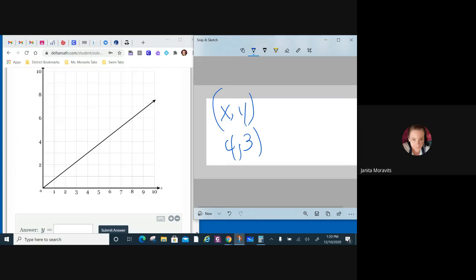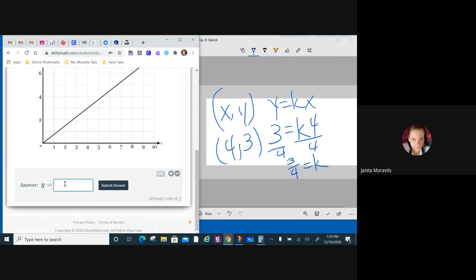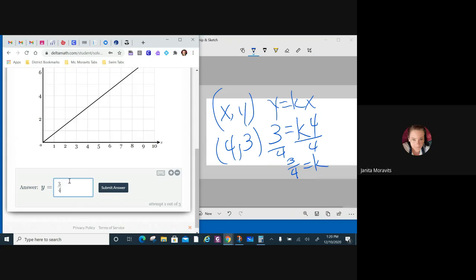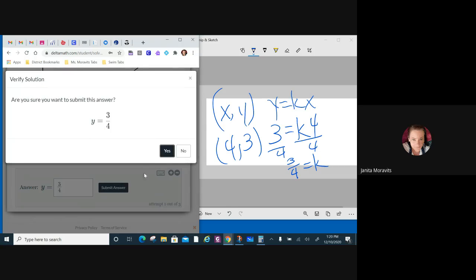And remember we said y equals k times x. So your y, 3 equals k times 4, right? Or 4k. You're going to divide both sides by 4. So you're going to have 3 over 4 equals k. All right. So this is a bonus problem for you guys. 3 over 4. Here we go. We're going to submit your answer.